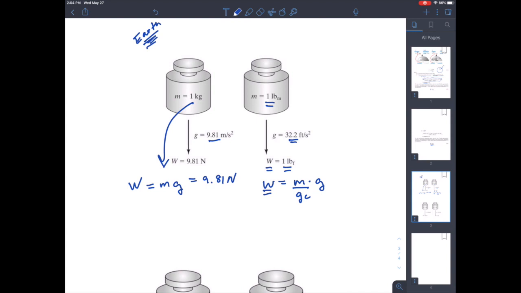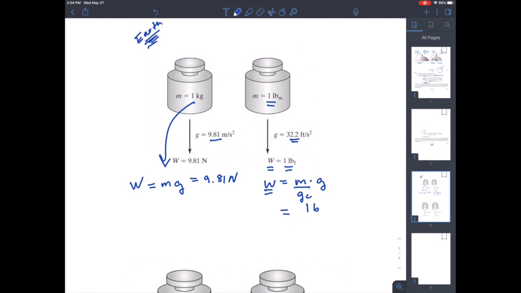We'll talk about that more in just a second, why it's part of the definition. So if that's what we did, then I plug in 1 for the 1 pound mass, and then I divide by 32.2, and then I multiply by g, which is also 32.2, these cancel, and I get the answer 1 pound force.